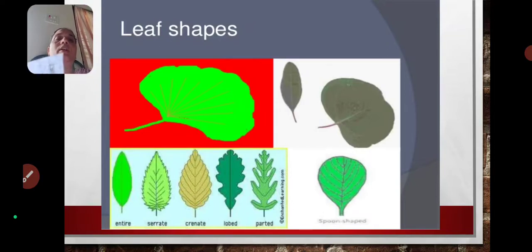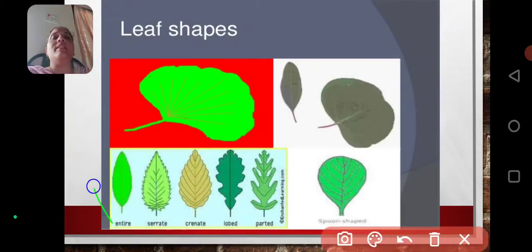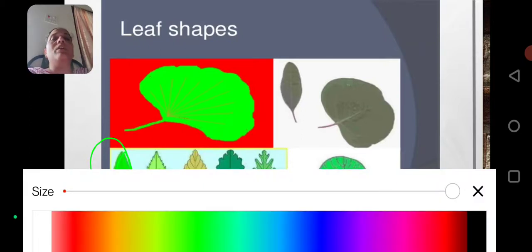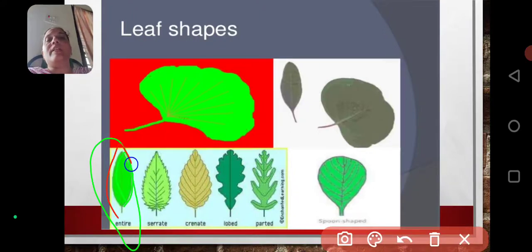First in the pictures, observe this is an entire leaf margin. So the leaf margin is smooth. This is an entire leaf margin, and here this is a serrate leaf margin. The serrate leaf margin is like this.